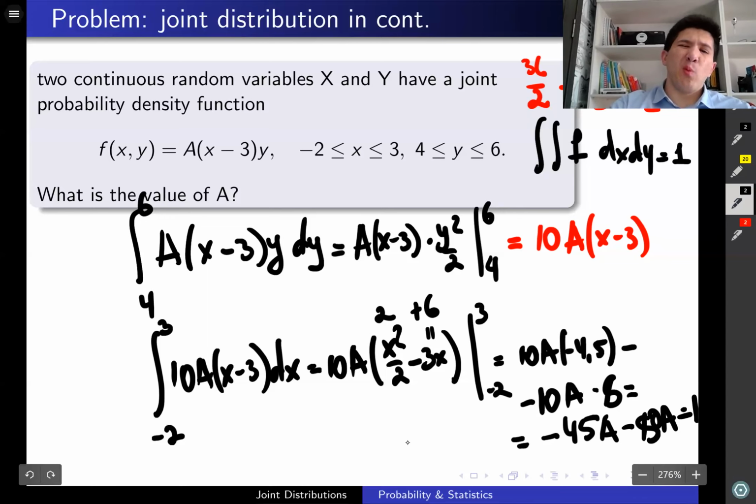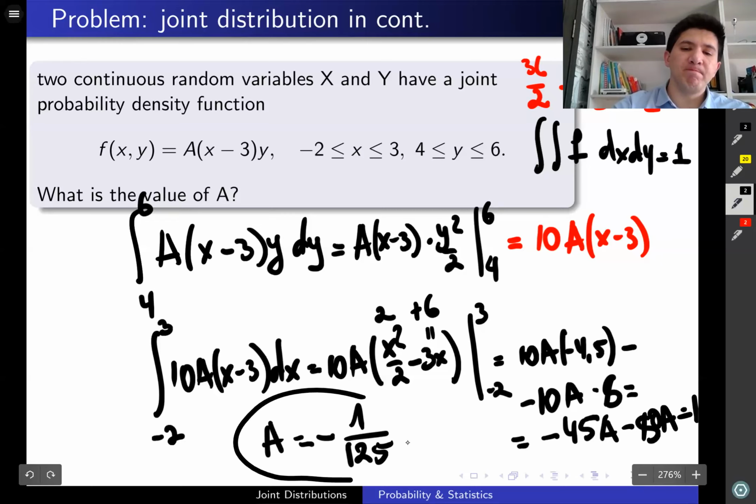So it's going to be minus 125a equals 1, right? So a is going to be equal to minus 1 over 125. Good.